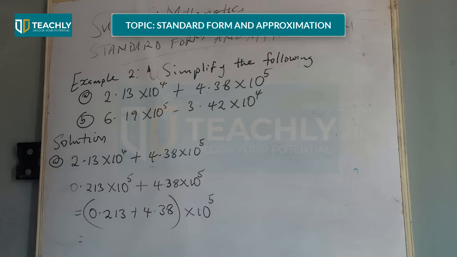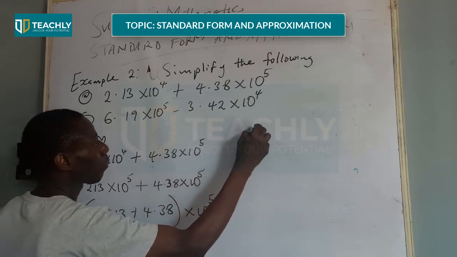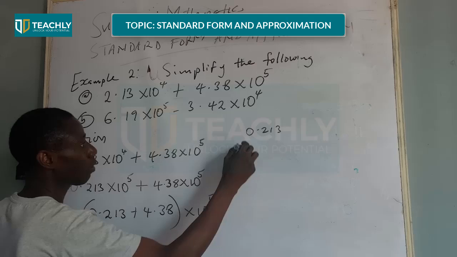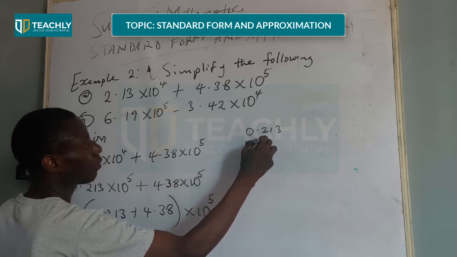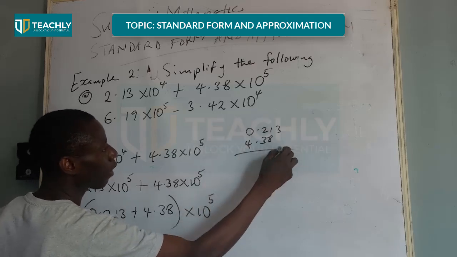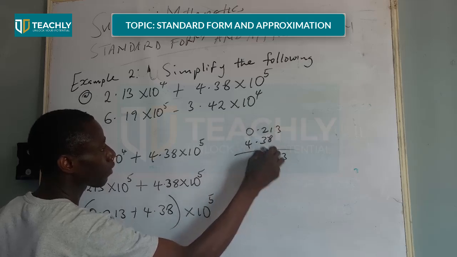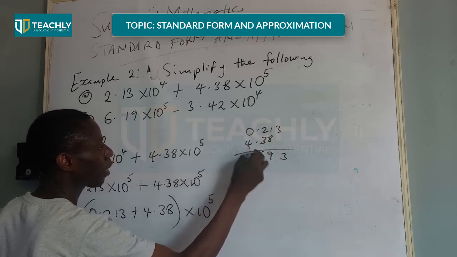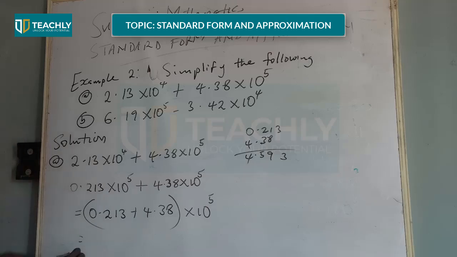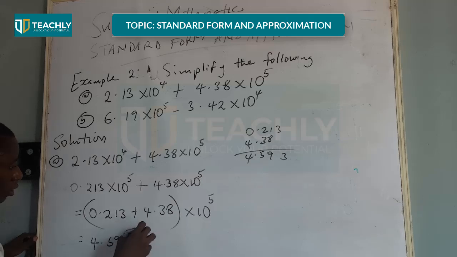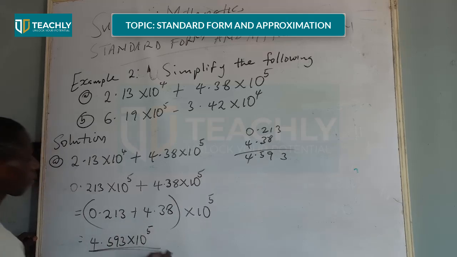We have 0.213 and 4.38. Adding, here we have 3, 1 plus 8 is 9, 2 plus 3 is 5, and here we have 4. So it's going to give us 4.593 times 10 to the power 5. That's our answer.